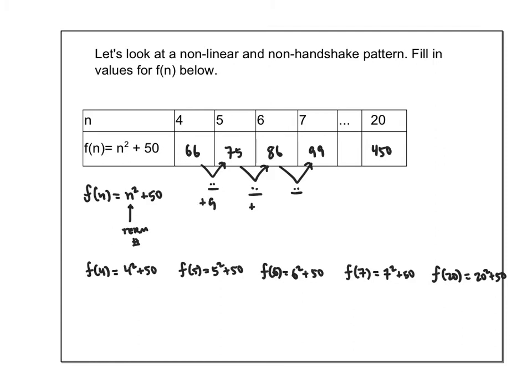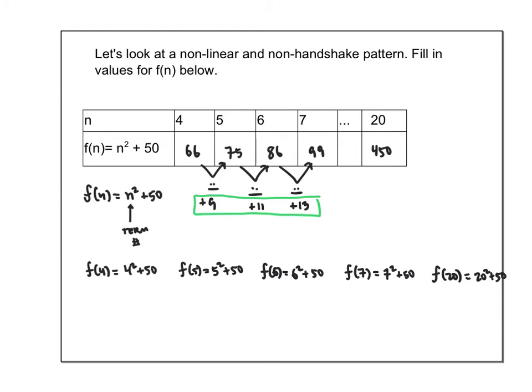And then I'm adding, what is this, 11. And then I'm adding 13. Since these common differences are not common, therefore the pattern is not linear, and we can tell it's not handshake either.